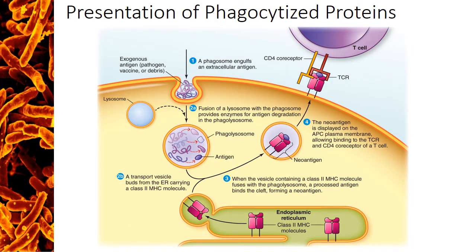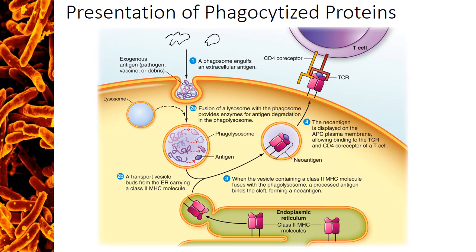We'll now look at a similar process of presentation of phagocytized proteins. So instead here, remember the proteins were originally extracellular, so they were out here outside the cell, and these could be bacteria that were being taken in by, say, a dendritic cell. They could be viral particles, or they could be pieces of pathogens that maybe were killed by neutrophils during inflammation, and now the dendritic cell is just pulling in the pieces.